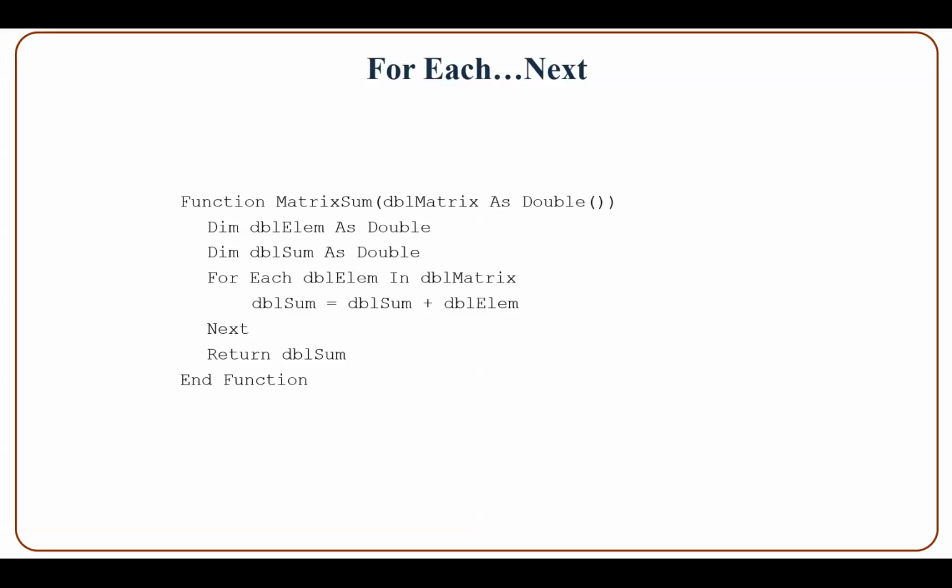Then you declare two variables, dbl lm as double and dbl sum as double.